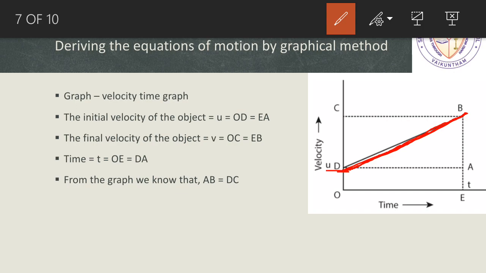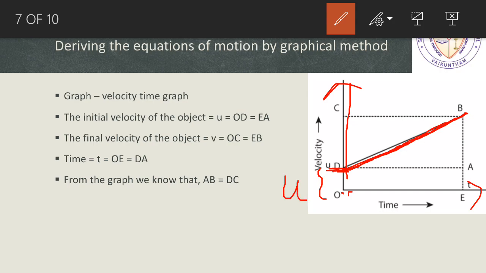This is the velocity curve, on the y-axis. It is starting not from 0; if it had started from 0, the initial velocity would be 0. Instead, it is starting from the point D. That means O to D is the value of the initial velocity.